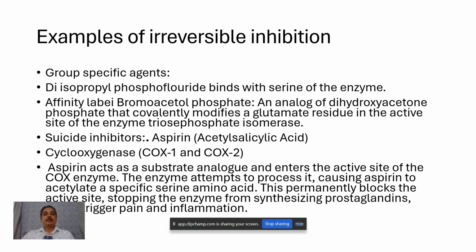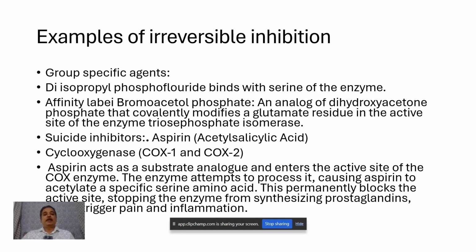So coming to some examples, group specific agents: diisopropyl fluorophosphate binds with the serine of the enzyme with a covalent bond, and it destroys the enzyme. So wherever serine is involved in the catalytic process or present in the active site, this can act as an irreversible inhibitor.